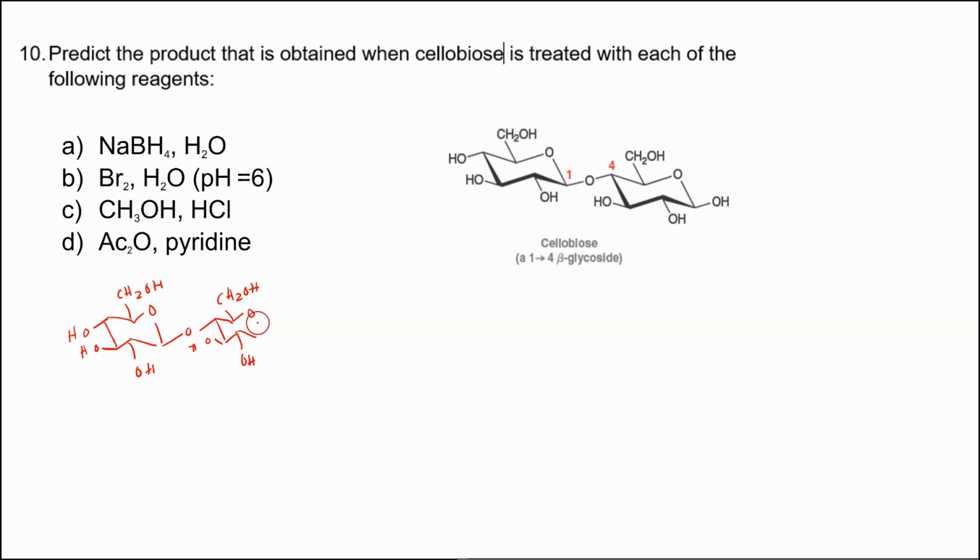All right, so this one exists as the aldehyde, such as that.